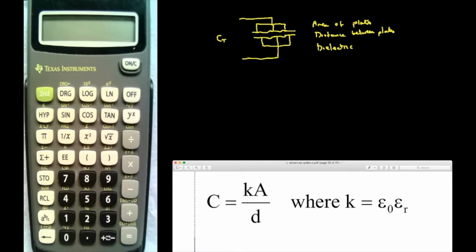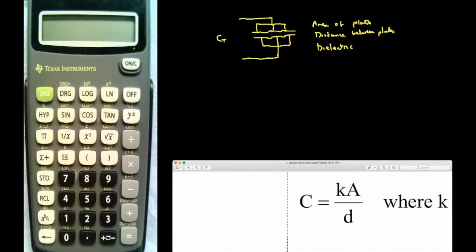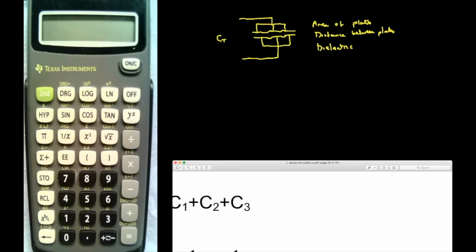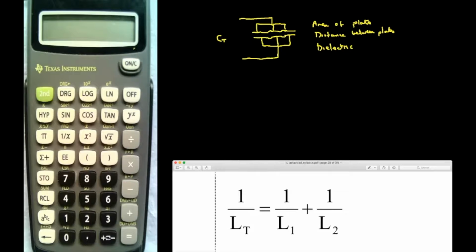Okay, let's have a little look at the next row. Next row then, 1 over LT equals 1 over L1 plus 1 over L2, and it continues on 1 over L3. This is inductors in parallel. Inductance is in henries. You're probably going to find millihenries or microhenries, or maybe nano and picohenries perhaps in your calculations.